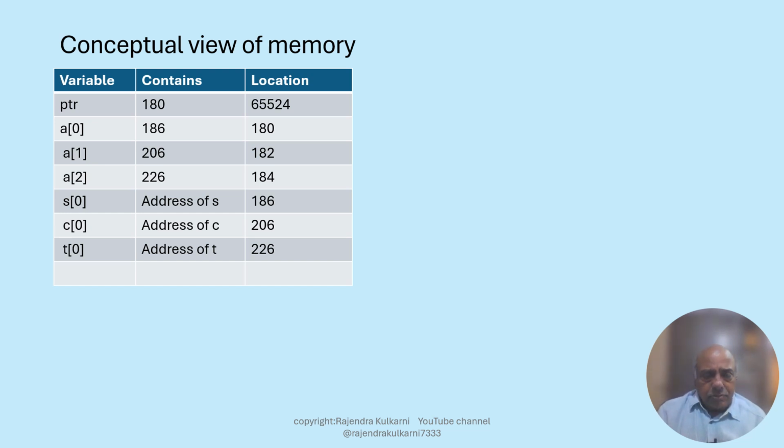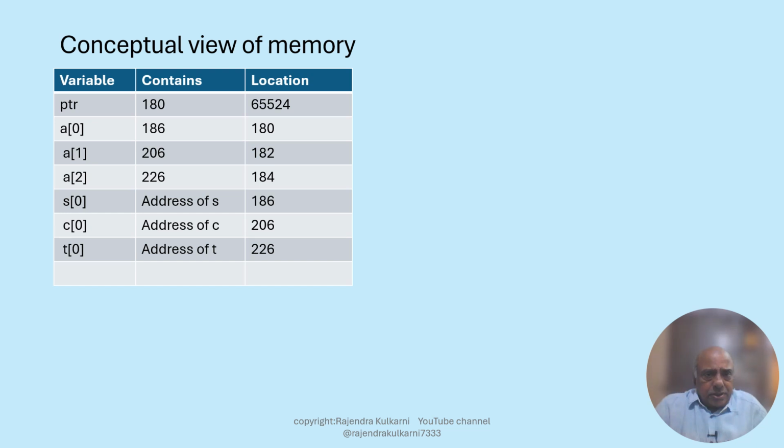So at 180, A0 is the element. The address of element A0 is 180. The address of element A subscript 1 is 182, and the address of element A subscript 2 is 184.